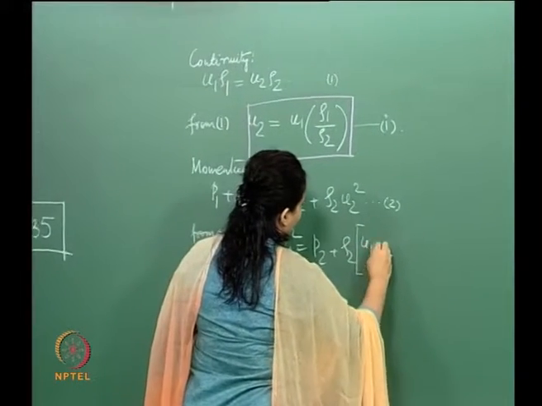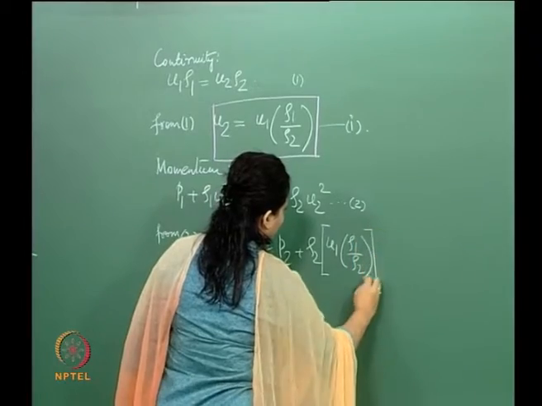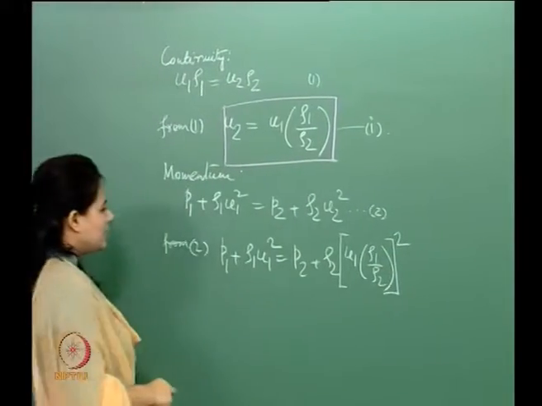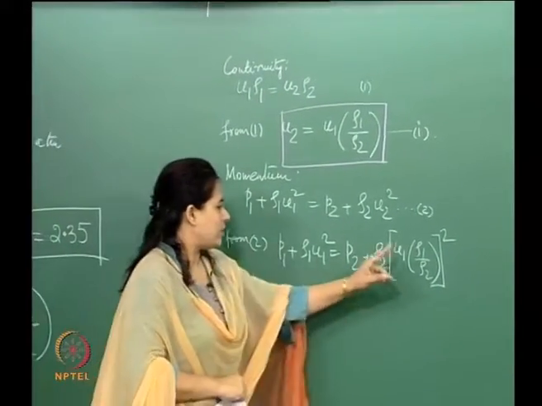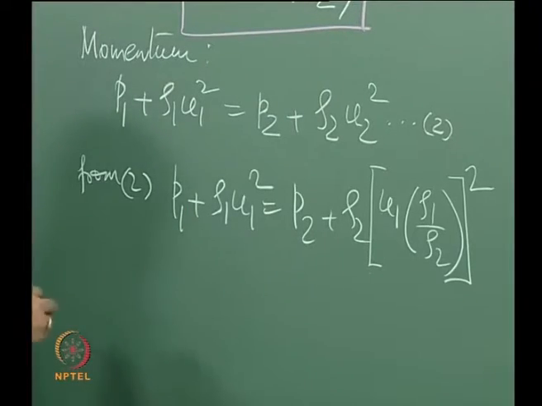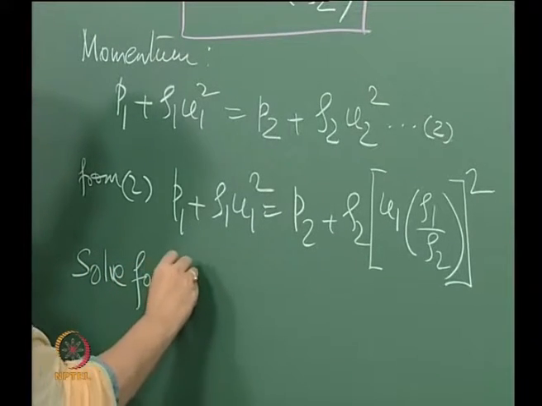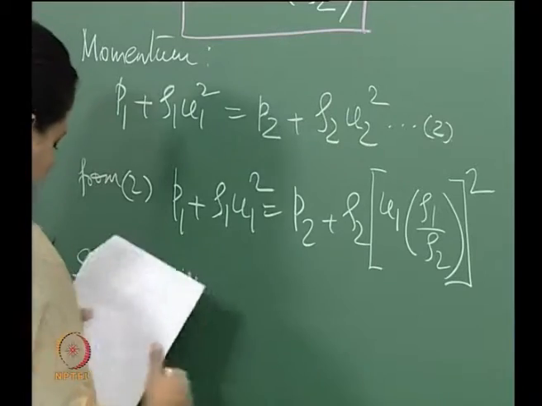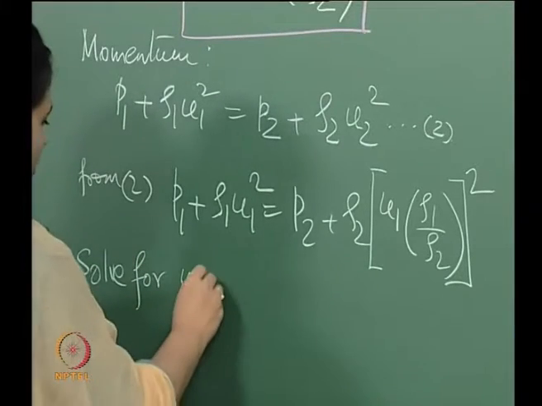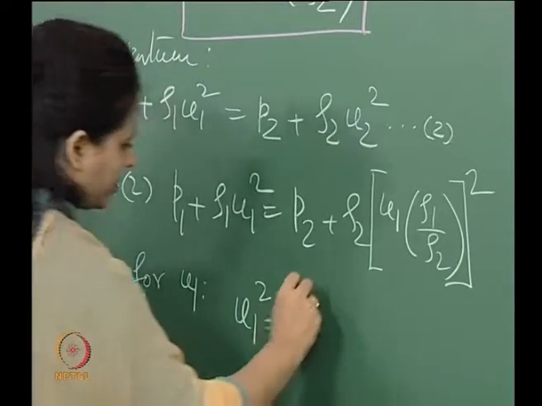u2 is u1... this is what we get. So you can see that we do not have any u2 term over here, right? And then we will solve for u1. Okay, and what we get is this. We'll solve for u1. So what we get is this.